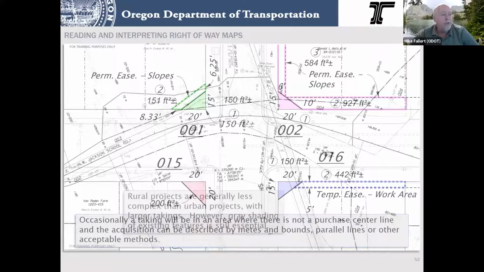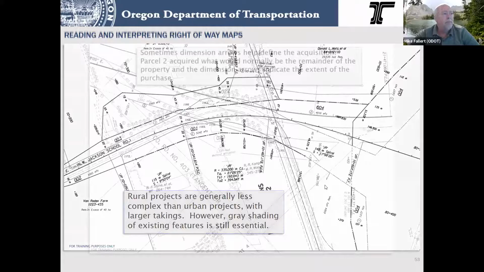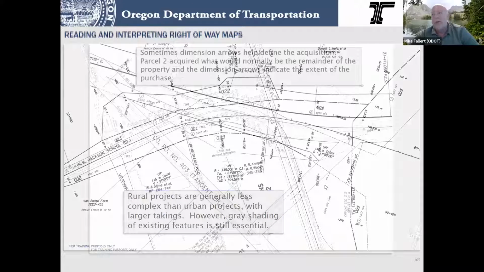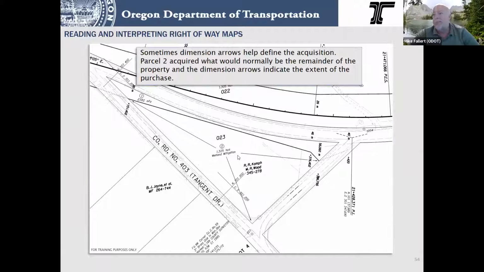So moving on, rural projects typically are a little bit less complicated, and they have larger takings. We still do the gray shading, show existing features, and access control, all that good stuff. Sometimes you'll see dimension arrows trying to define an area, like this one is a wetland mitigation area.